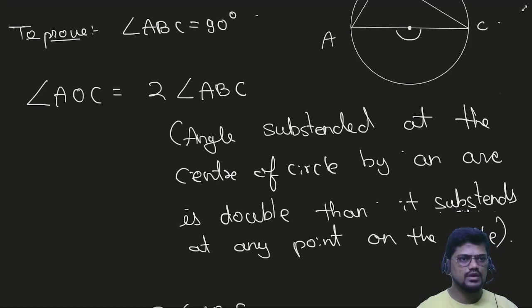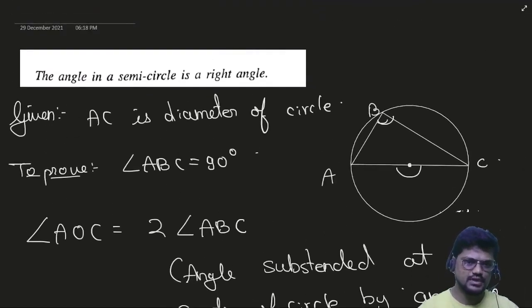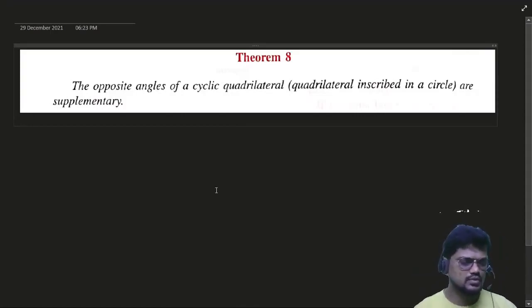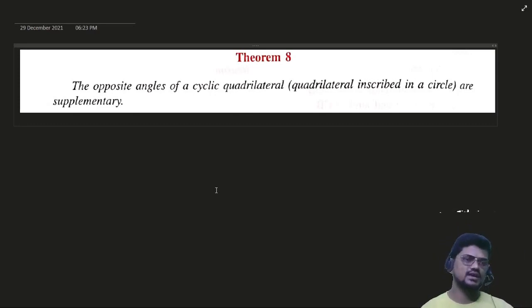Fine. Now the next theorem. The opposite angles of a cyclic quadrilateral are supplementary. What is a cyclic quadrilateral? I hope you are aware.